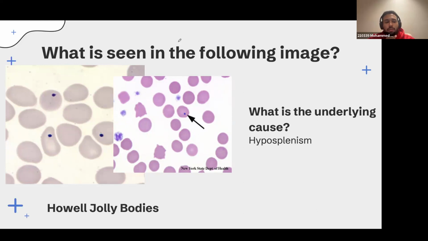Other than signs of anemia, give me one very important sign of extravascular hemolysis. Other than splenomegaly, jaundice. Very important to remember jaundice.